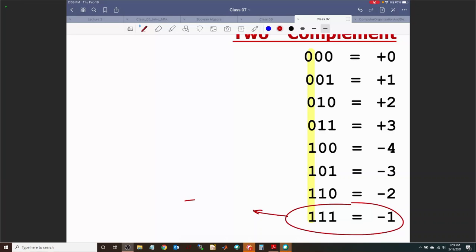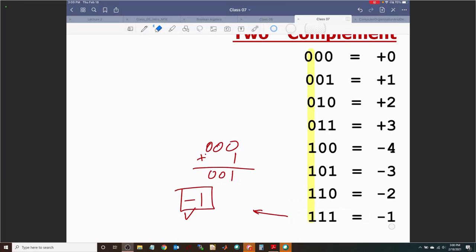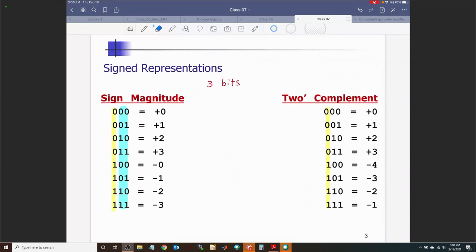In order to find the value of the number, I flip all the bits, which gives me 0, 0, 0, and then add 1 to it, which gives me 0, 0, 1. I had found the sign already, and now I found the value, and that's how I get -1. Flip all the bits and add 1. I'm pretty sure you remember that from before. So that's a quick refresher on 2's complement and sign magnitude, why sign magnitude is not going to work well, and why we need to look at 2's complement arithmetic in detail.